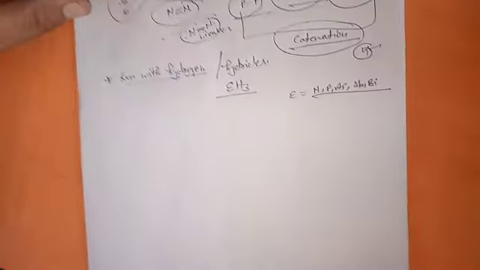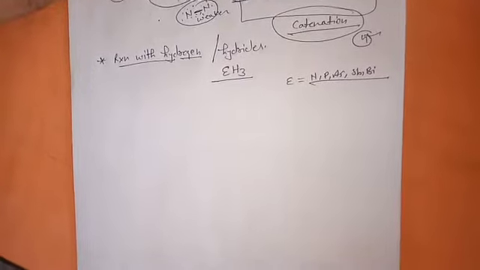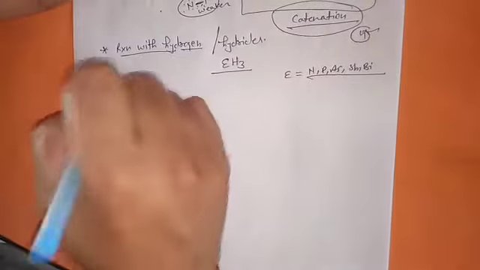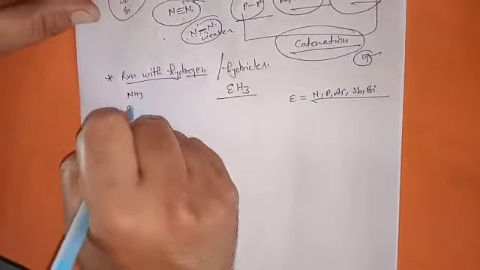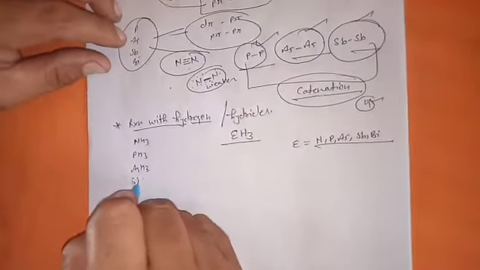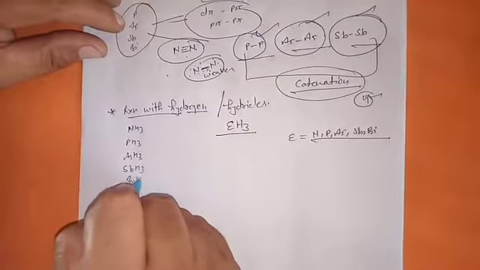Plus 3 oxidation. But we have to discuss the hydride stability. As you move down the group, we are discussing NH3, PH3, arsenic, antimony, bismuth hydrides.